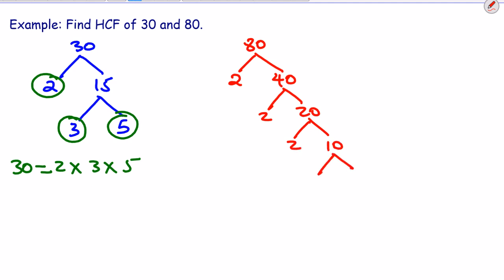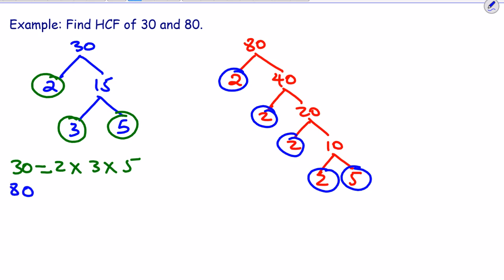And then 2 multiplied by 5 is 10. And all these guys here are prime numbers. So we summarize that here by saying that 80 is equal to 2 multiplied by 2 multiplied by 2 multiplied by 2 multiplied by 5.